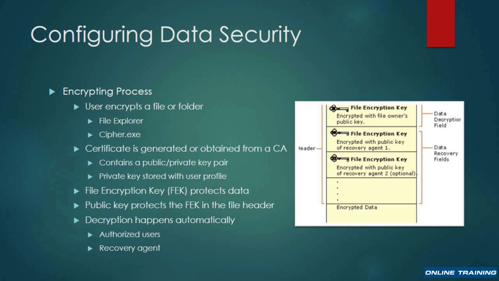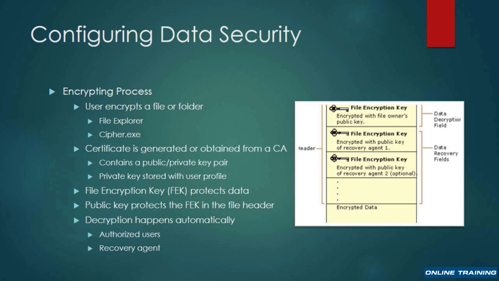So what EFS does is it protects access to the file encryption key using the user's public key. And so in the file header, like in the image that we see, in what's called the data decryption field, or DDF, the file owner's public key is used to encrypt the file encryption key.